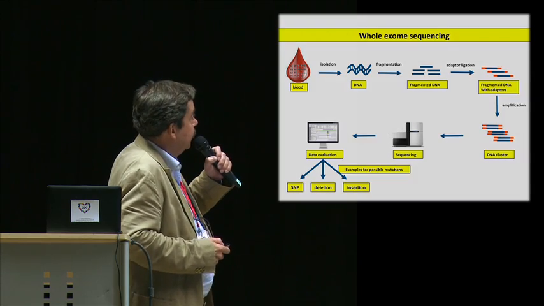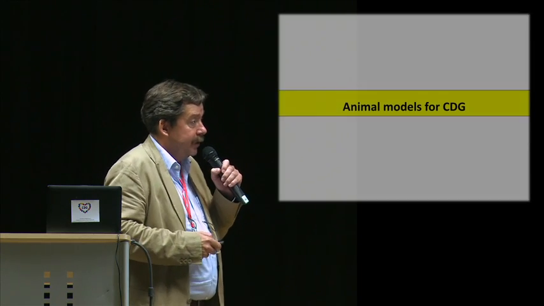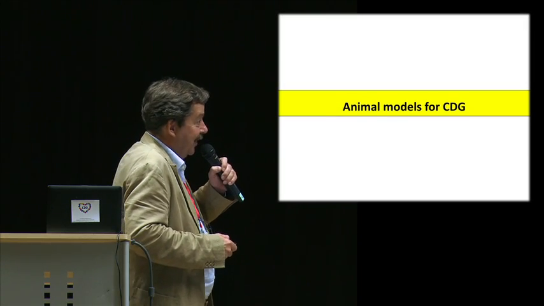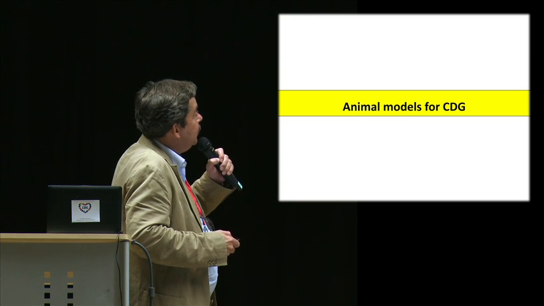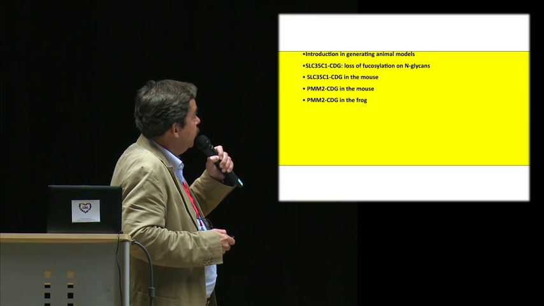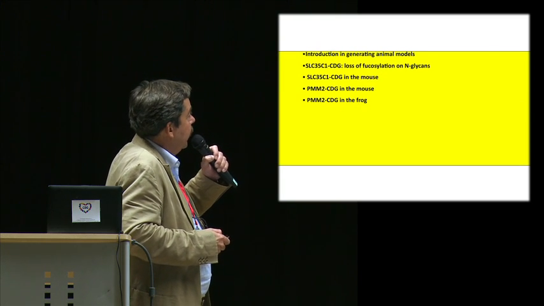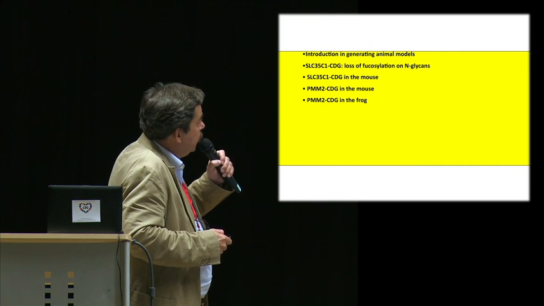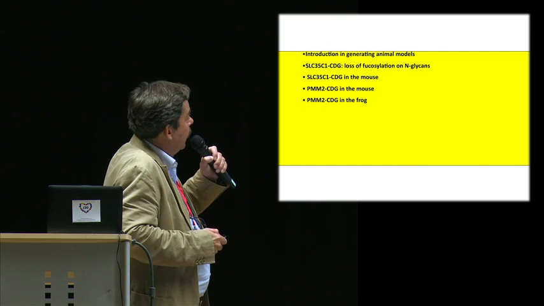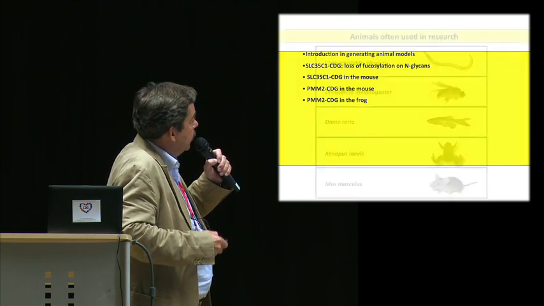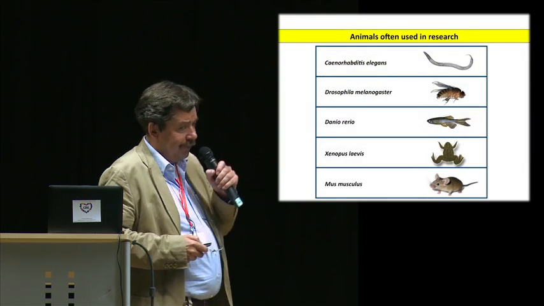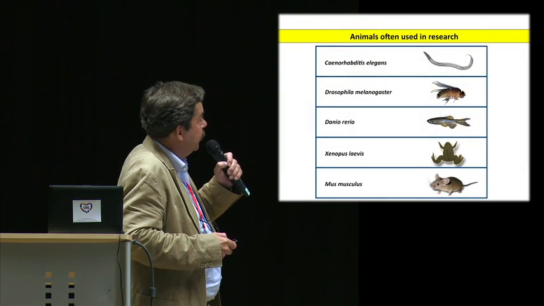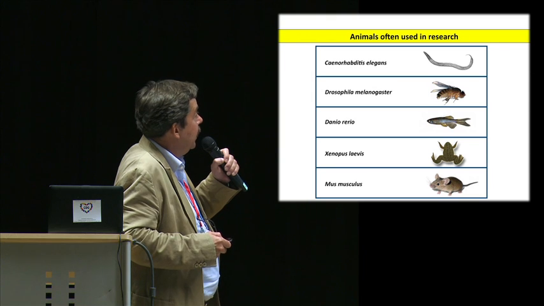So let me now come to the topic of my talk, what are animal models. I will just give a short introduction in generating animal models, and then show you that there are a whole subset of animals which are used for these models.